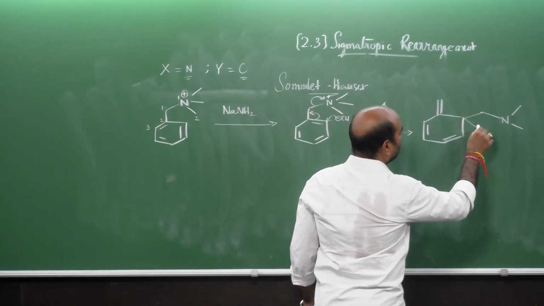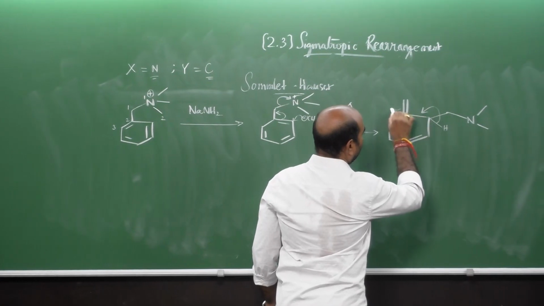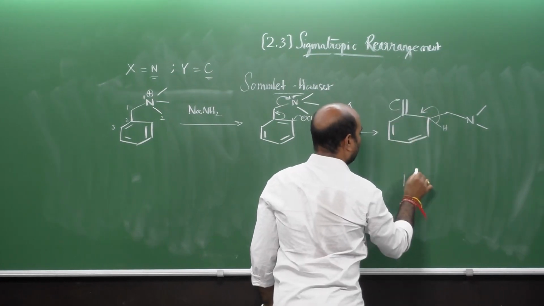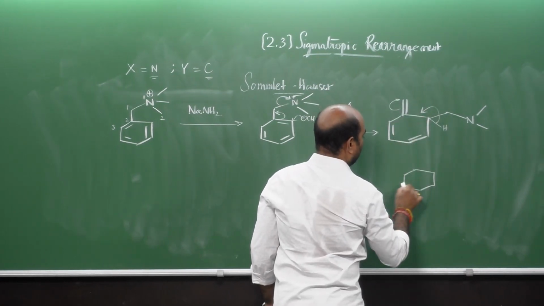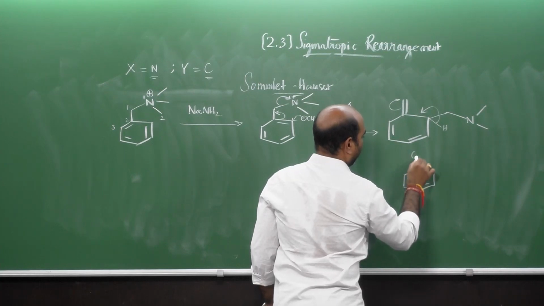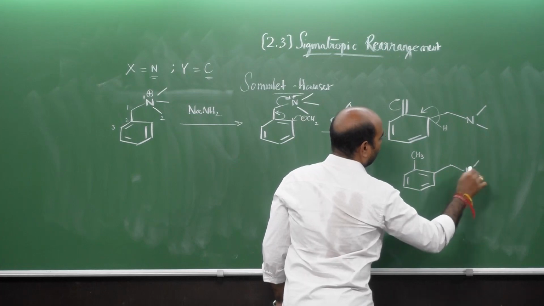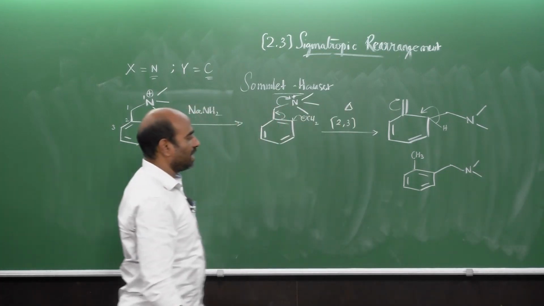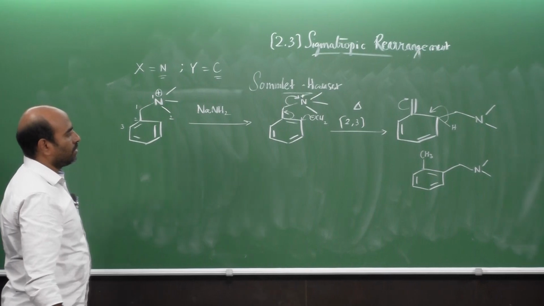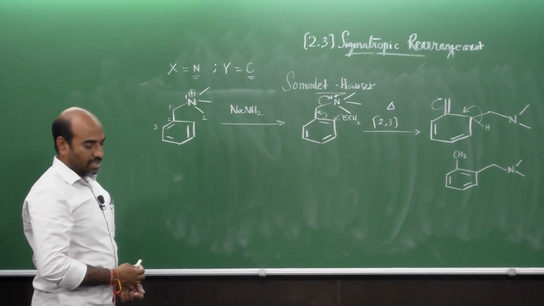This can always show this internal rearrangement again, and you will get this one. So this is the Sommelet-Hauser rearrangement reaction.